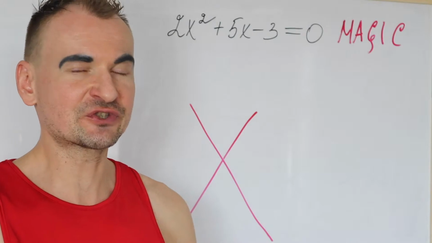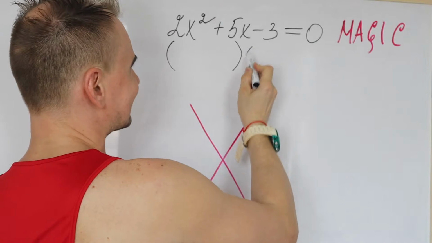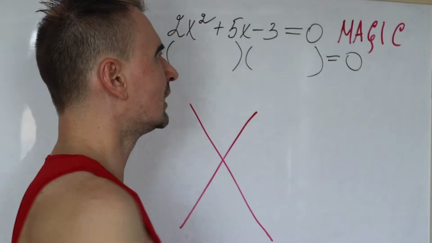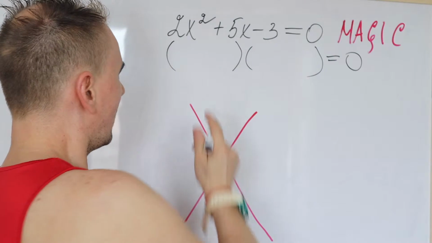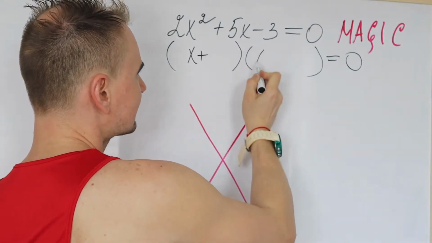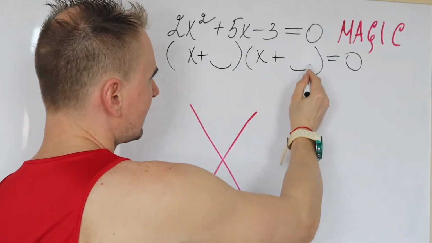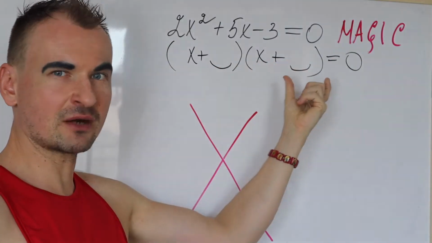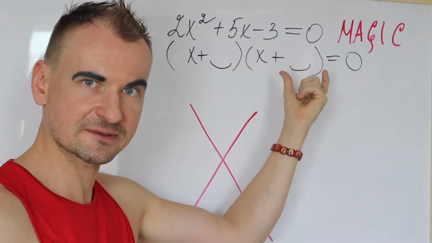The first thing to start off, you draw two sets of parentheses and you set them equal to 0. Now, we are going to insert x, and we have two gaps. We are going to fill out these two gaps with two numbers.